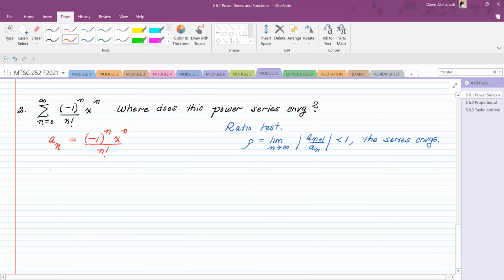So we find out first that a_(n+1) is minus 1 to the n plus 1, x to the n plus 1 over n plus 1 factorial.